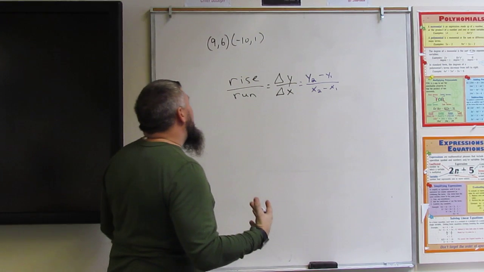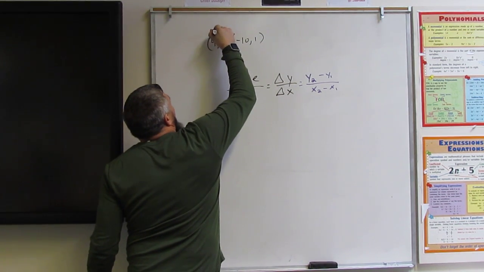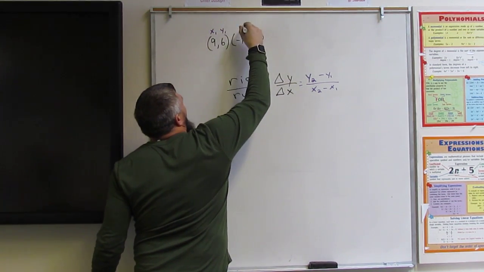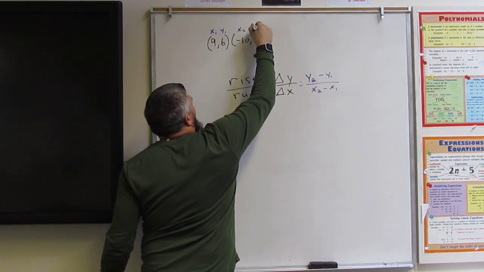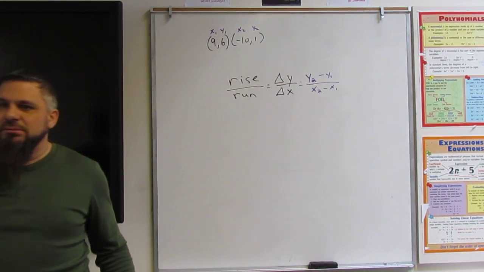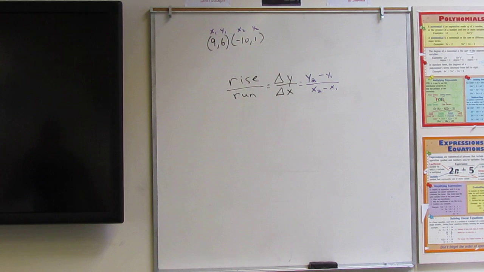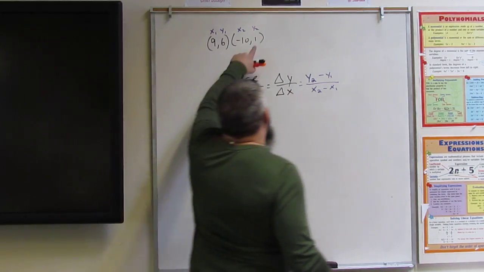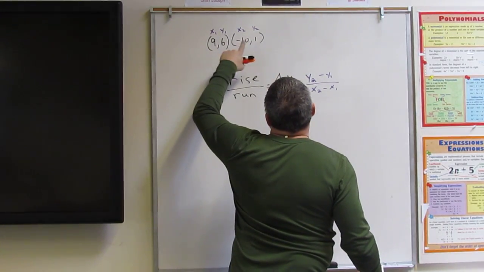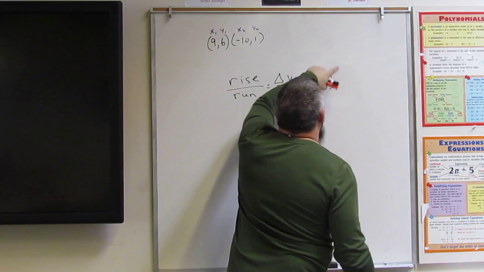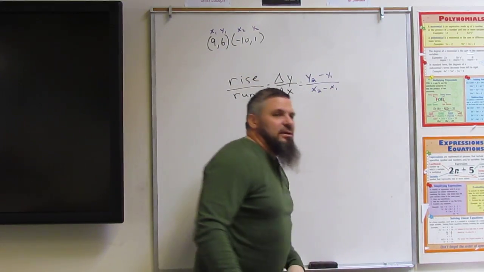What it is, is x1, y1, x2, y2. Kind of makes a little more sense. I've got to plug this in: this y goes here, this x goes here, this y goes here, this x goes here.